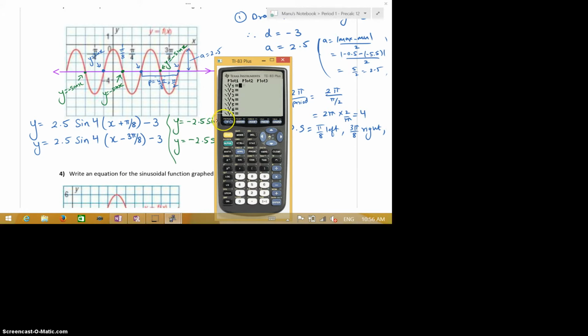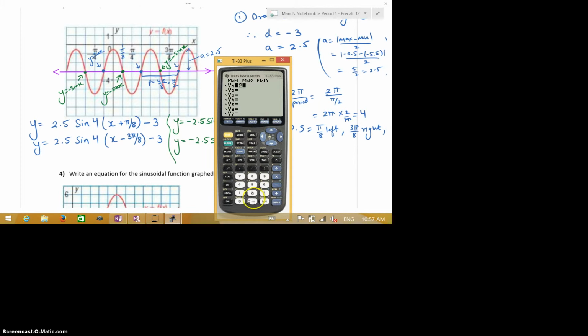And we're going to go under y equals. Make sure that your calculator is in radian mode, because we're working with radians. We're going to graph each of these equations, and hopefully, if we've done it correctly, the graph that our calculator shows will be the exact same one that we were trying to interpret. So let's start off with the first one.